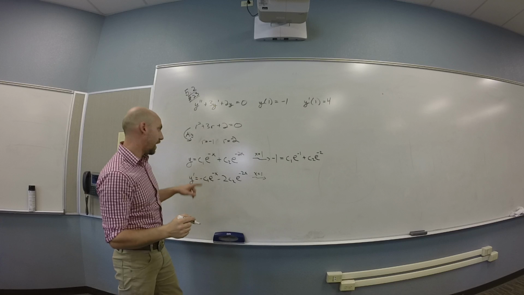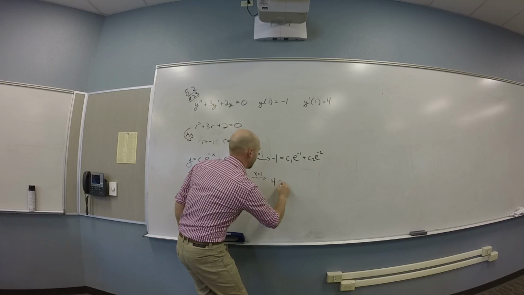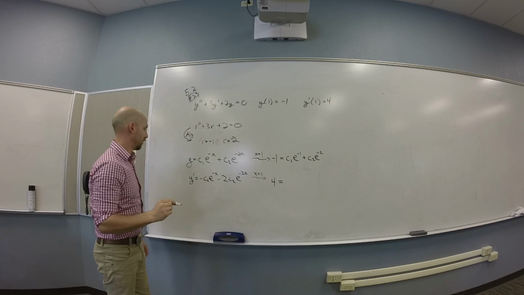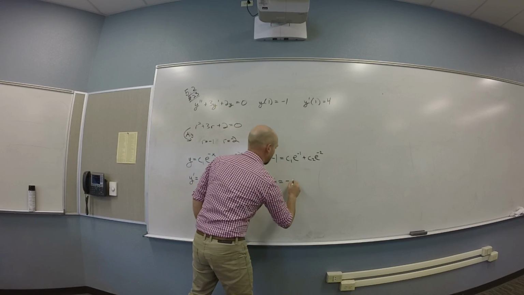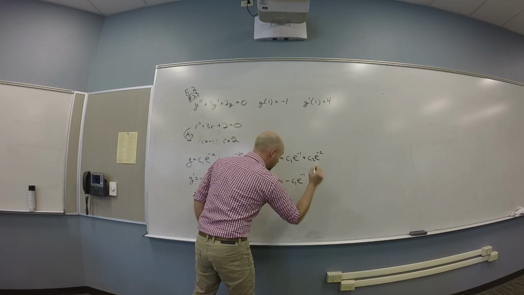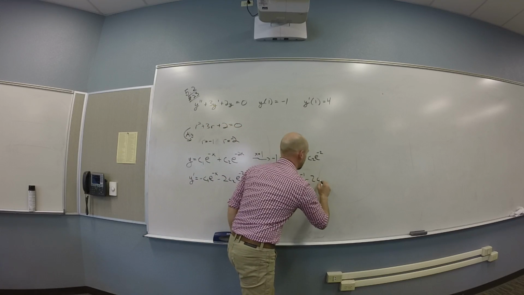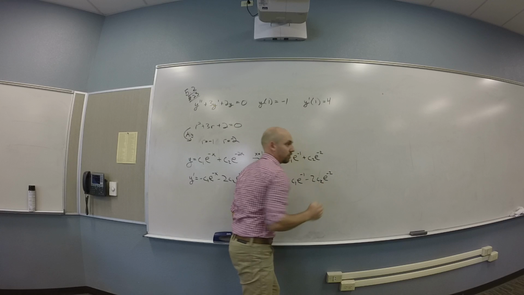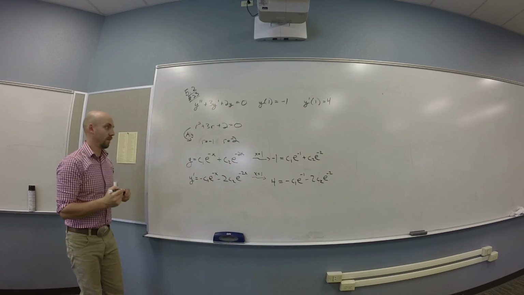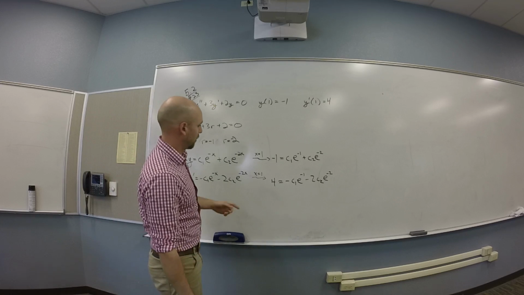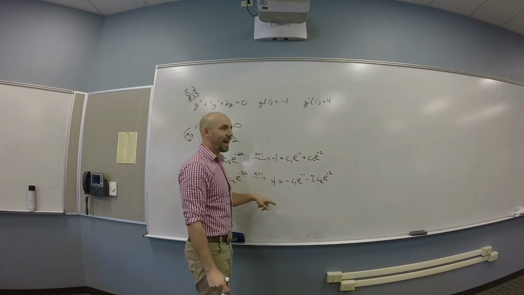Okay, so if I plug that in, I get 4 is negative c1 over e, negative c1 e to the minus 1, and then minus 2c2 e to the minus 2. And then you could be like, oh, hey, let's see if I just straight up add these together.